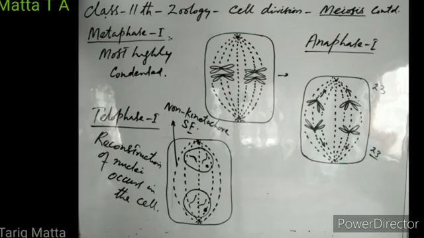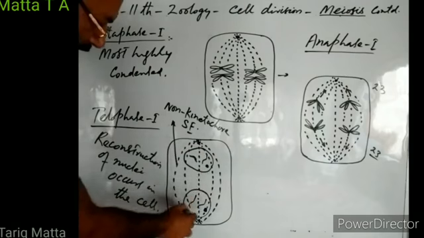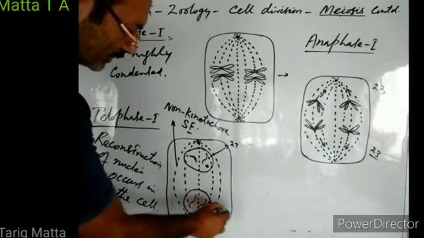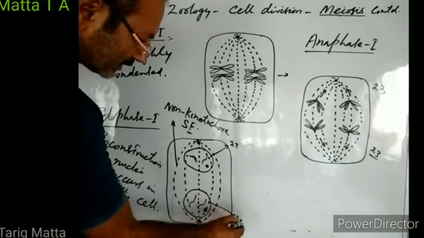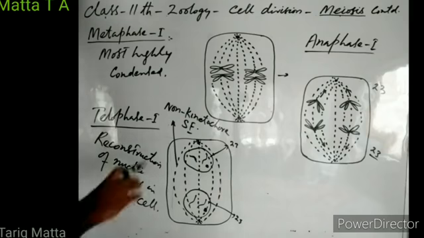Now this cell has 46 chromosomes, but 23 chromosomes are contained in one nucleus at one pole, and 23 chromosomes are contained in another nucleus at the other pole. So in telophase I, two nuclei are formed within the single cell, right? And reconstruction of the nuclei has occurred.